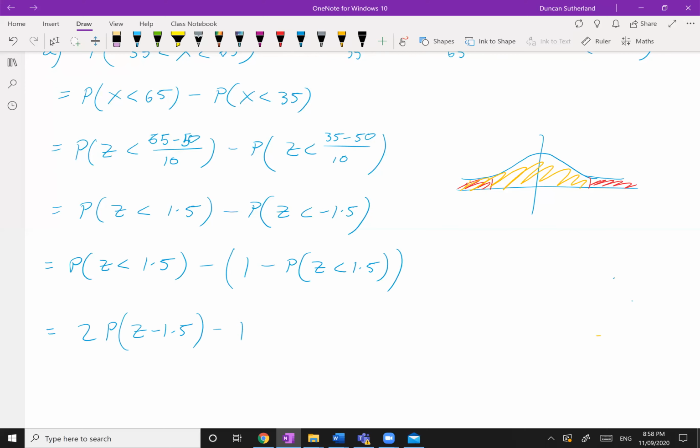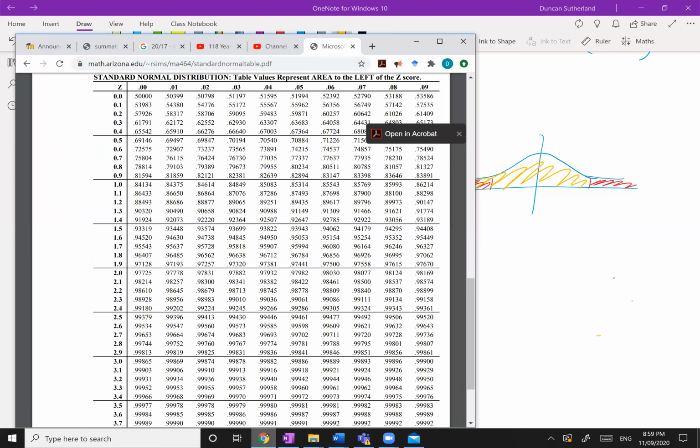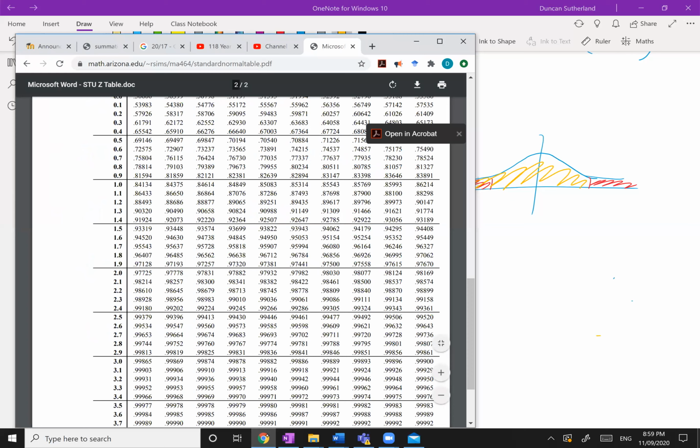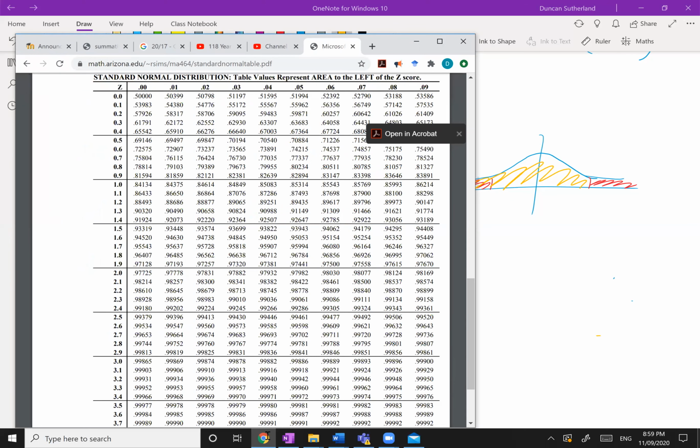Okay, this is now an expression that we can compute, right? And we can compute it by looking this thing up in a standard table. So here's a standard table. Tables represent the area to the left of the z-score. So we want 1.5, right?